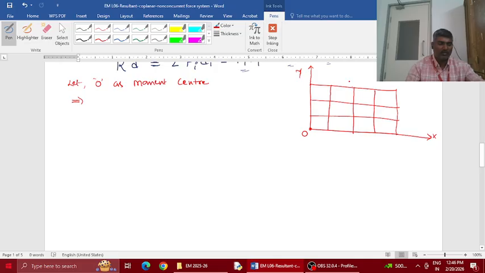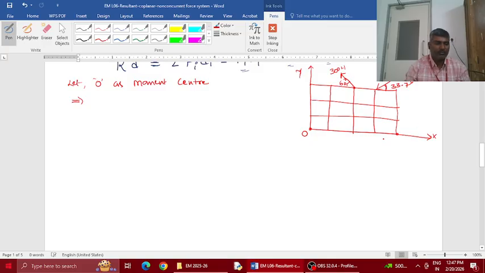Okay, which are the given forces you see? There is a 300 Newton force here, which is at 60 degrees, and there is 361 Newtons at an angle of theta 2 that you found, which is 33.7 degrees.